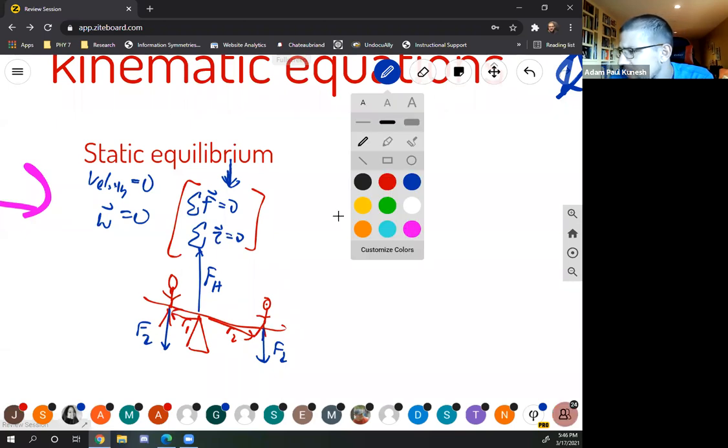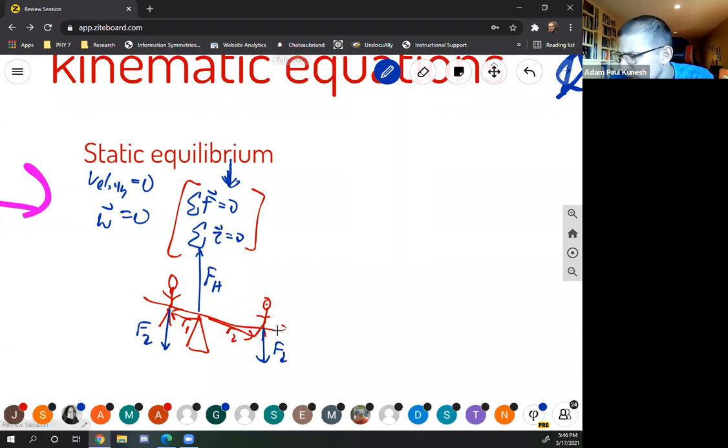So if this kid is producing a torque that is into the page, and this kid is producing a torque that is out of the page, I need all the torques of my system to sum to 0 as well. So that's static equilibrium in a nutshell. So I'll say torque 2, torque 1.